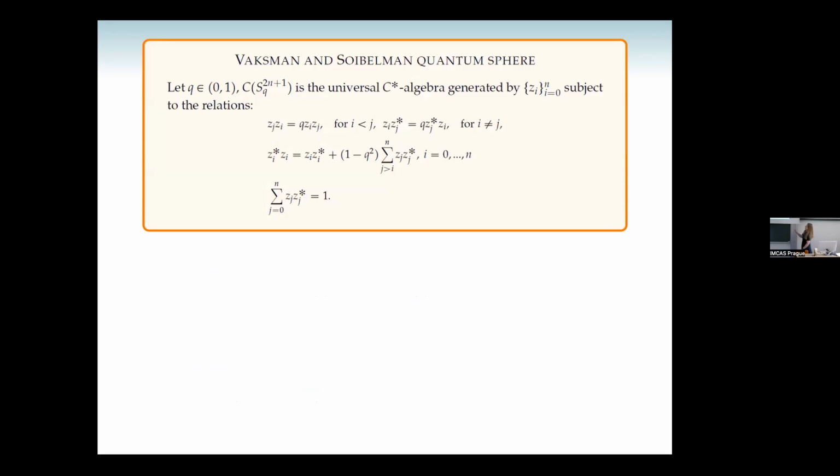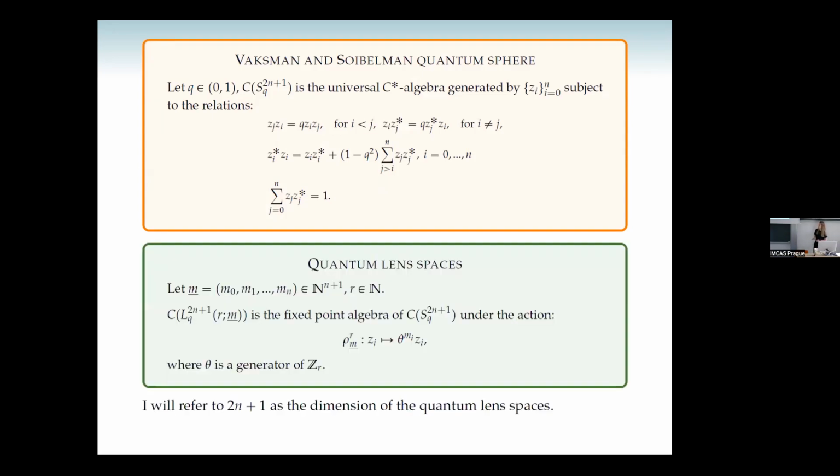Now a very quick reminder of the definition of a general Vaksman and Soibelman quantum sphere. Again, we have this parameter q between 0 and 1, and we have n+1 generators satisfying the relations here. Just as I explained before, we can also define quantum lens spaces for any dimension.